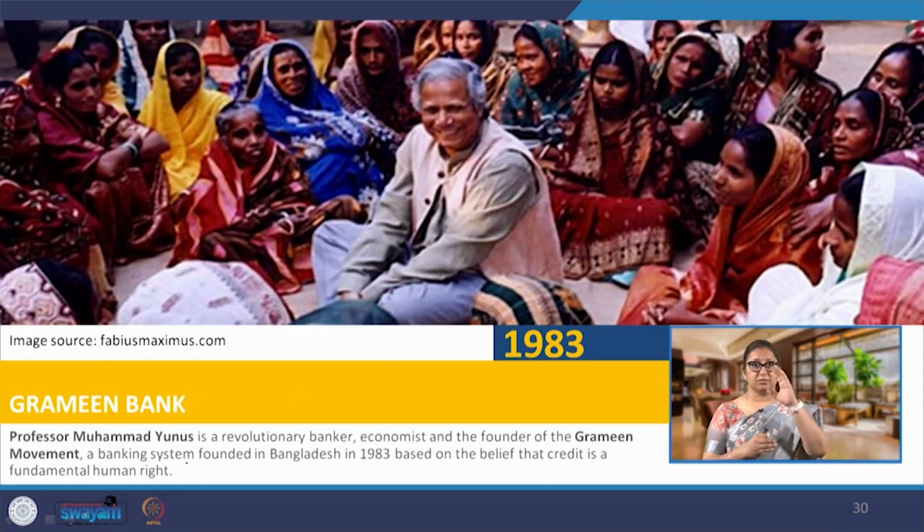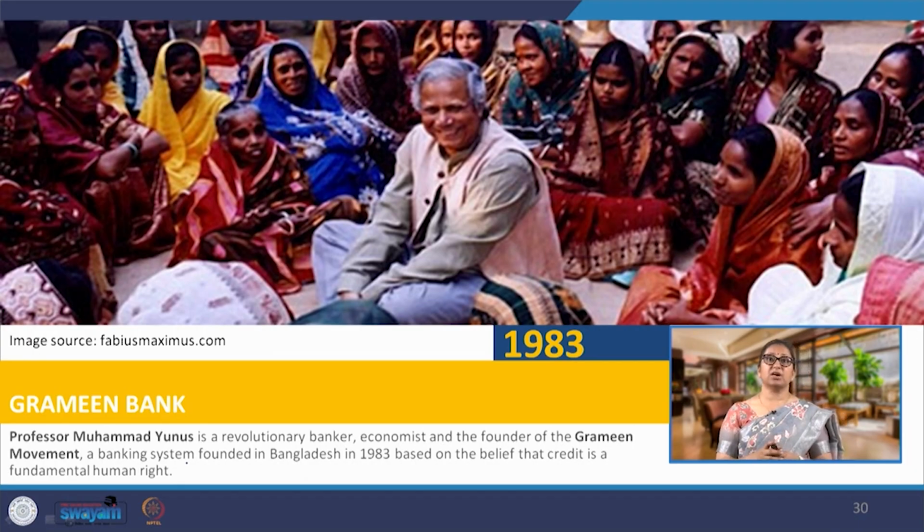Around the same time, the foundation was laid for Grameen Bank by Professor Muhammad Yunus, who was an economist and a revolutionary banker in Bangladesh, and this for the first time was talking about micro credits, micro loans. Till that time, a lot of loan was being made available to bigger commercial entities, and this microfinancing scheme was his brainchild, and it has been hugely successful.